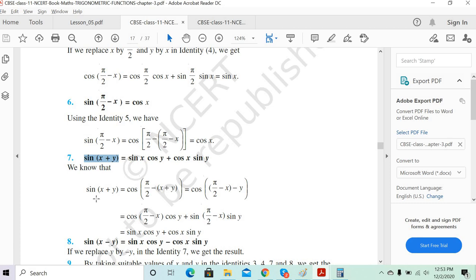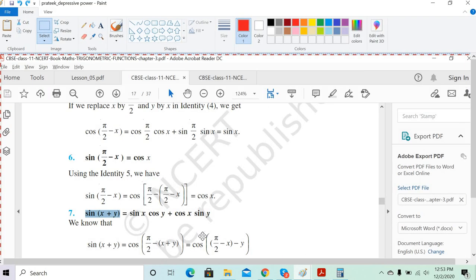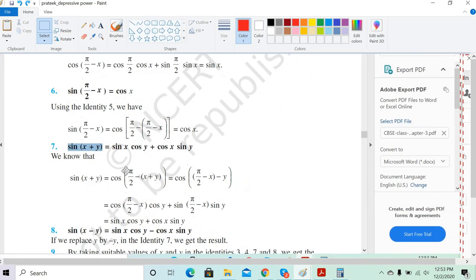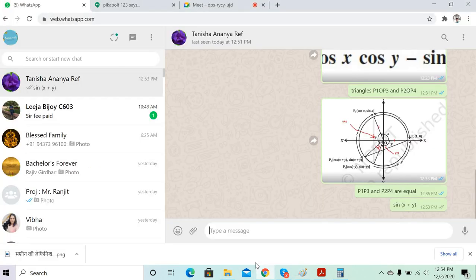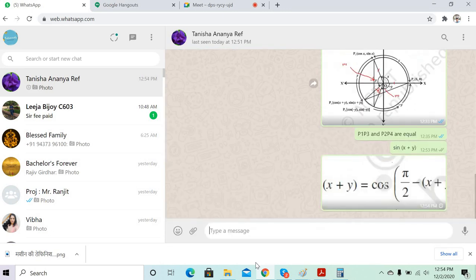You know sin theta is equal to cos 90 minus theta, the complementary angle. So can I write sin x plus y as cos 90 minus theta, where theta is x plus y?